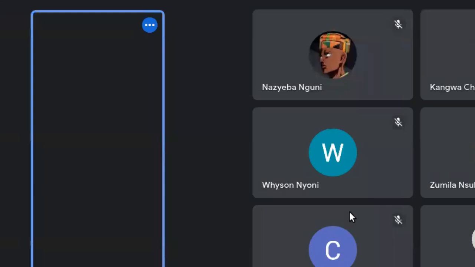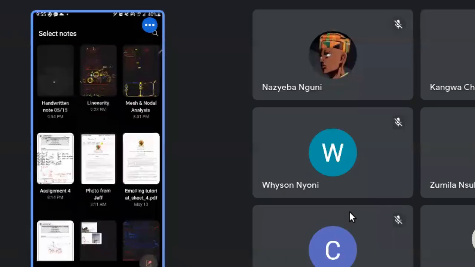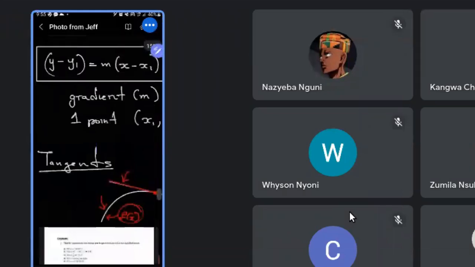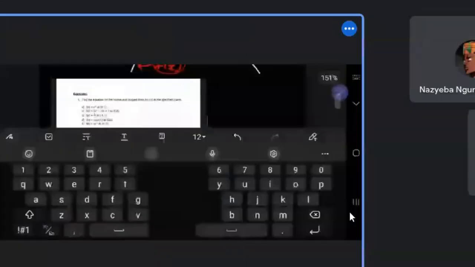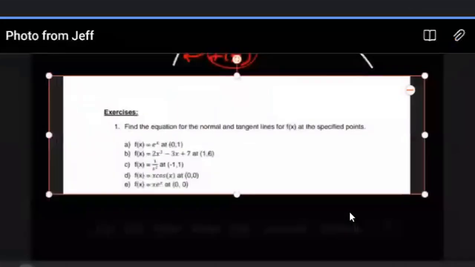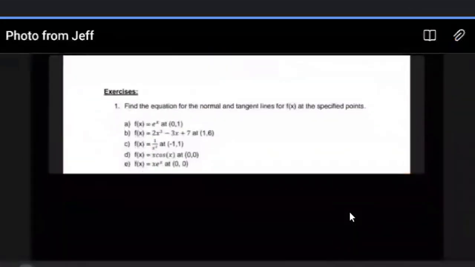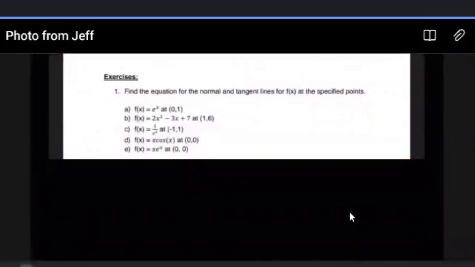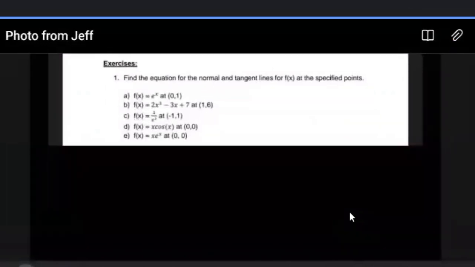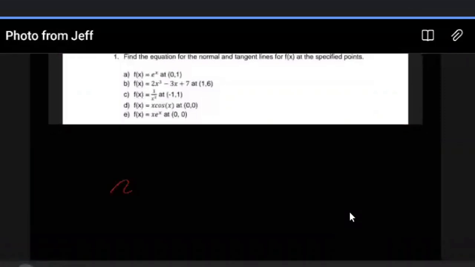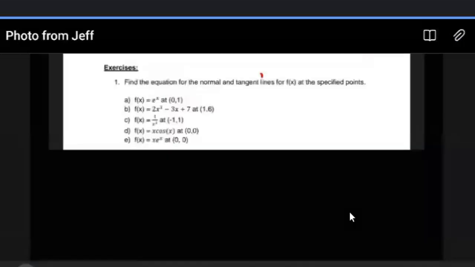Let's pick B, for example, for our easy example here. Since I'm starting with tangents for now, I'll focus on tangent lines.